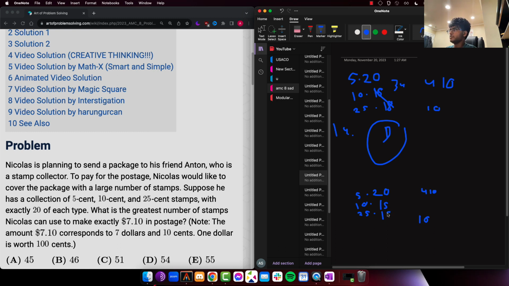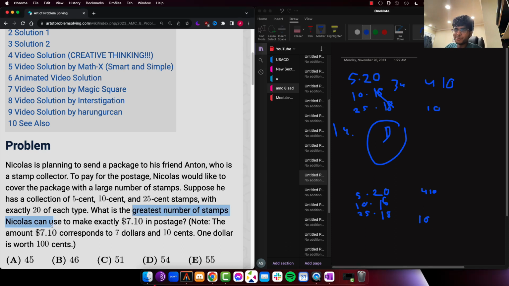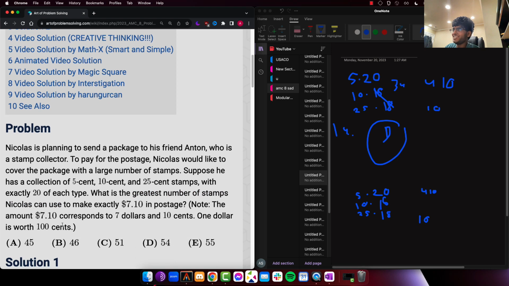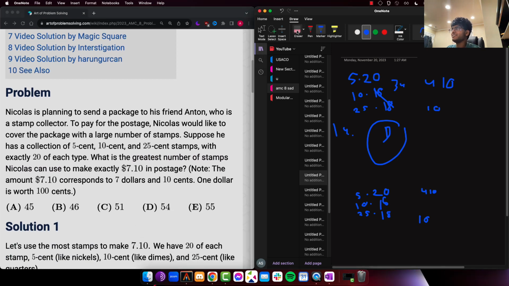And then after that you add the thing. Wait, is this still wrong? Oh, okay. This is asking for the greatest number of stems Nicholas can use. Okay, that's very dumb of me, actually.